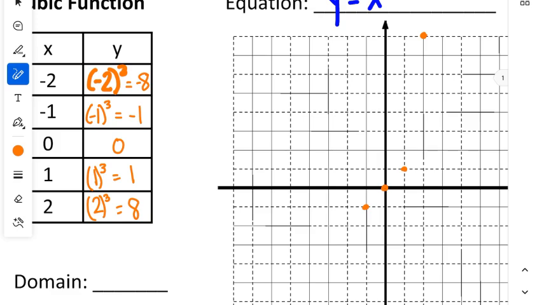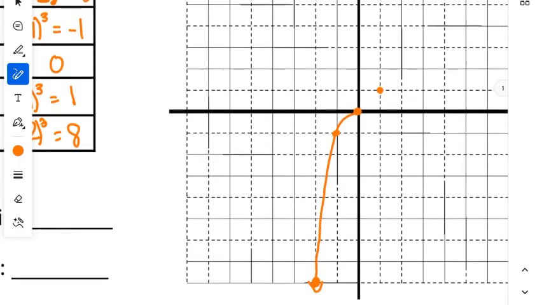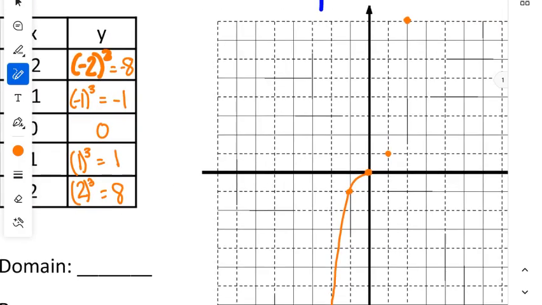Okay, it's not a line, so don't make a line. It's going to be curved. So this is going to go like that. So do your downhill. Let me try that again. It's kind of like a parabola, but it's going to be flipped on both sides.